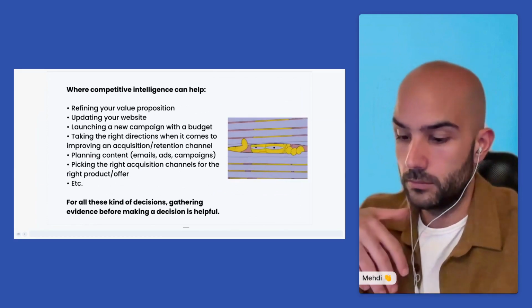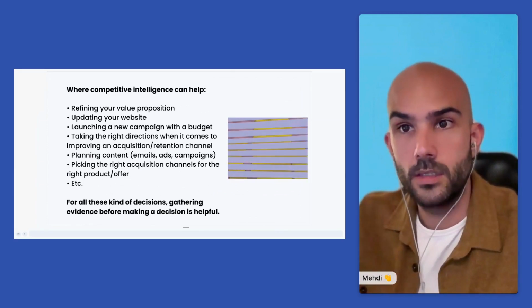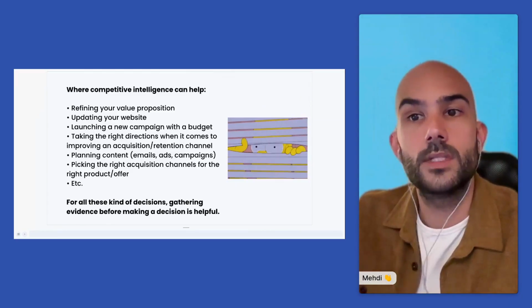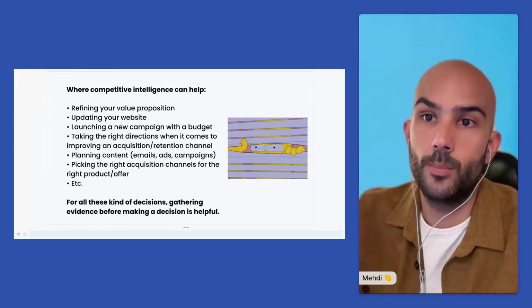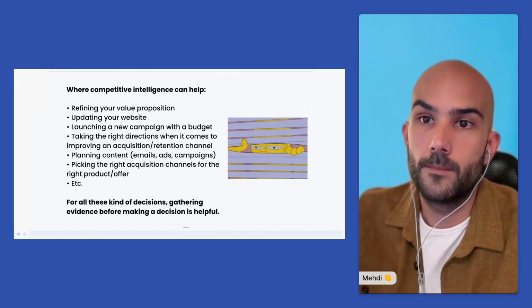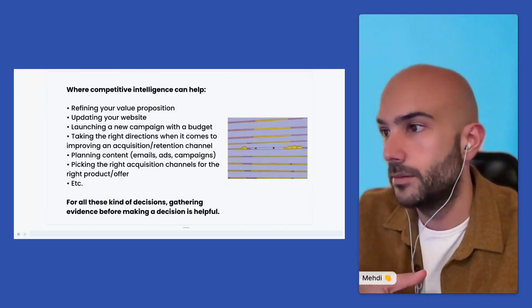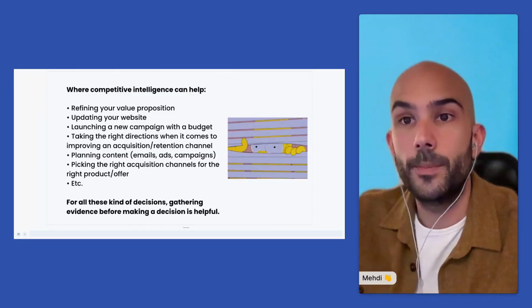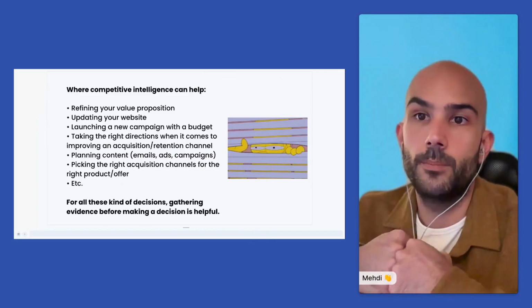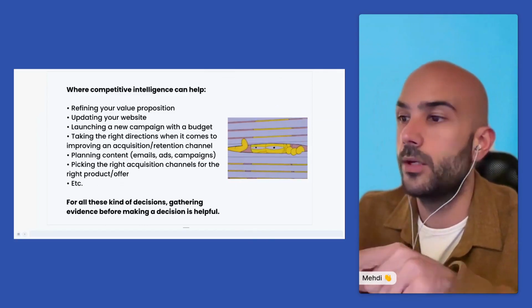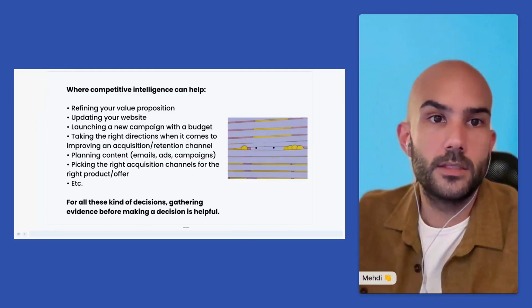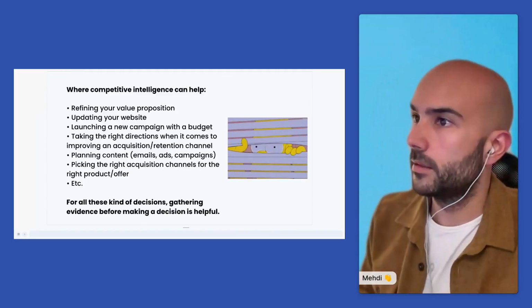Those are heavy decisions, decisions with consequences, decisions where uncertainties are numerous. Competitive intelligence, gathering data from your competitors and really understanding what they've been up to, can really help you make the best decisions in that case.